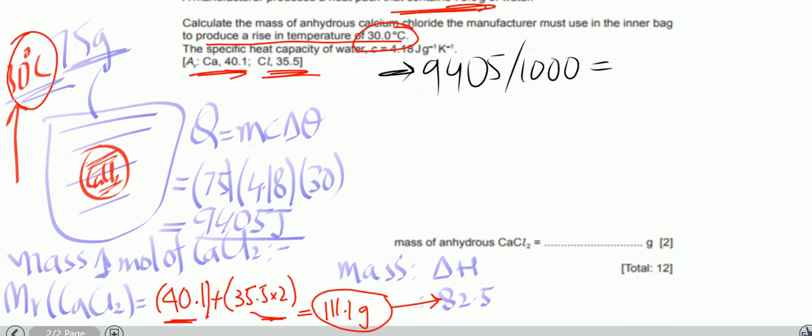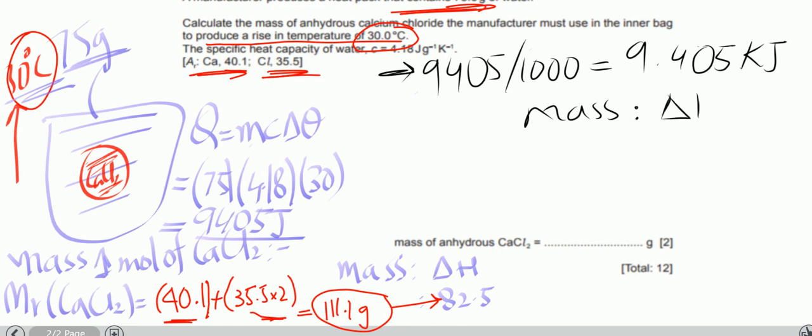So we get 9.405 kilojoules. Okay, so now I'm going to write down the mass, ratio, delta H, or energy, or whatever you want to call it, and I'm just going to simply transfer whatever I wrote over here.